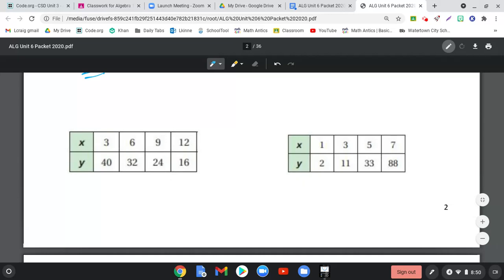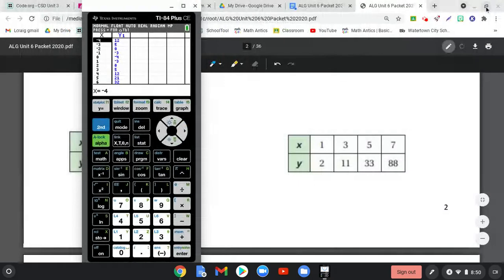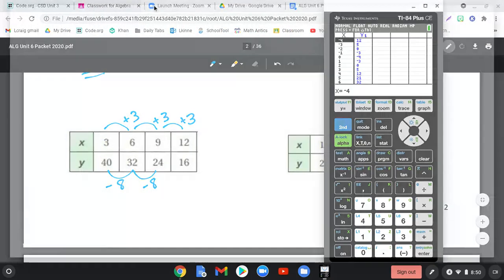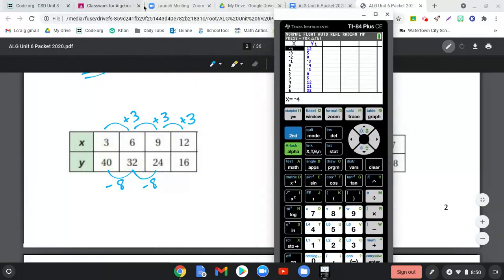Do the same thing. This time your x's, you're going up by 3. By 3, by 3. Okay, that's good. Over here, subtracting 8. To get from 32 to 24, subtract 8. If you're not sure, you've got a graphing calculator at your hand. You can use this anytime.